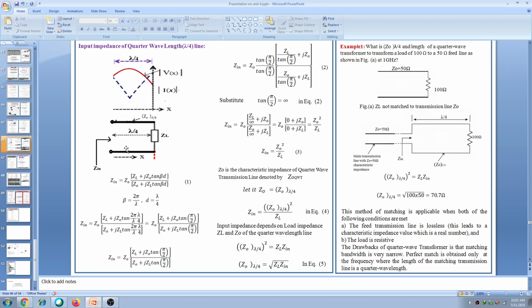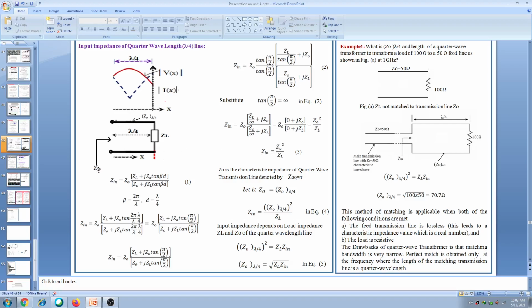If the length of the line is lambda by 4, looking towards the load ZL, the input impedance ZIN is given by this equation. By substituting the length of the line, lambda by 4, and beta value 2 pi by lambda, we got this ZIN.